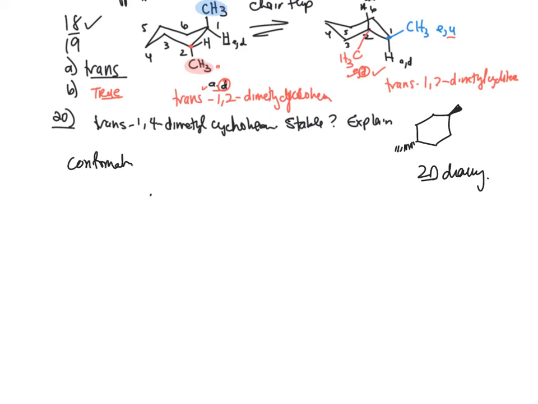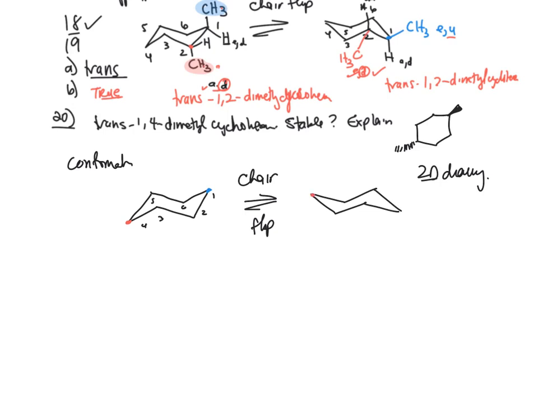Okay, and so you can go ahead and draw the ring flip, the chair flip. And so if this is 1, 2, 3, 4, 5, 6, then you can draw this one just the same.